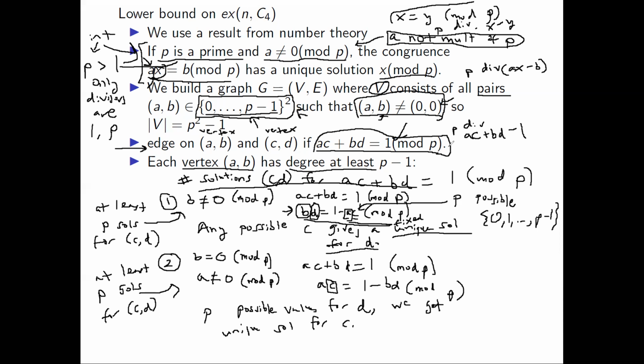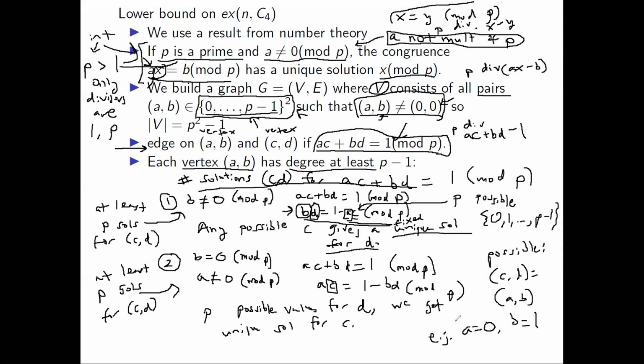Now it's possible that one of the solutions, it's possible to get this solution CD equals AB. So it's possible that that is one of the solutions. For example, if A equals 0 and B equals 1, that would be a solution.